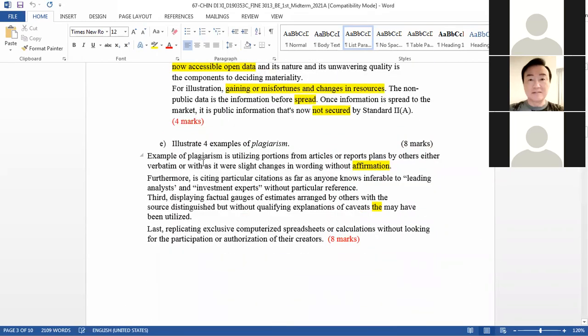Right. So here, basically, yeah, you mentioned, for examples, right? So here is also rubbish, right? Without affirmation, you know, without authorization, right? So you just simply add redundant words here.